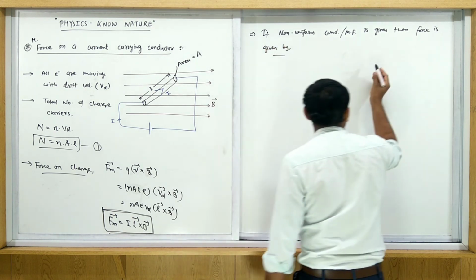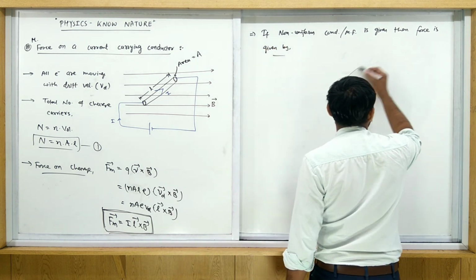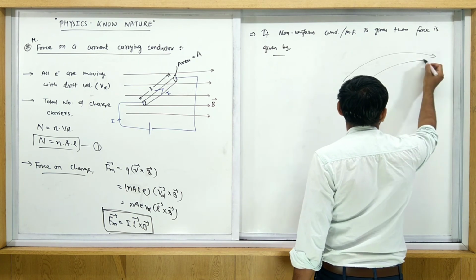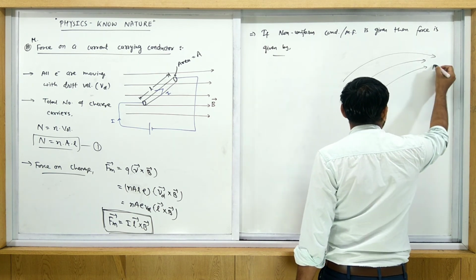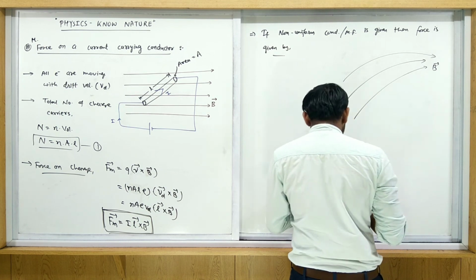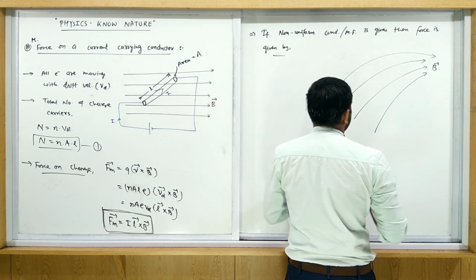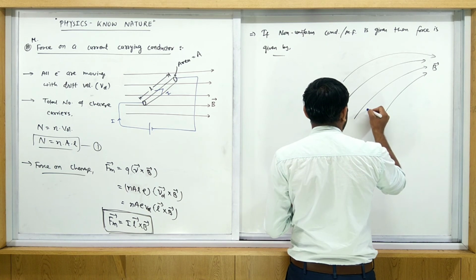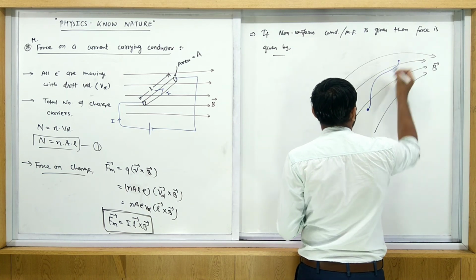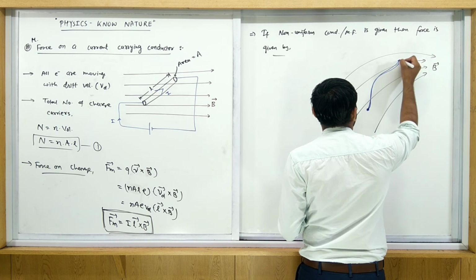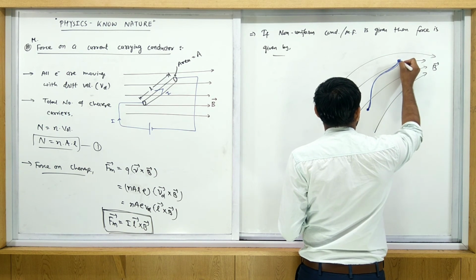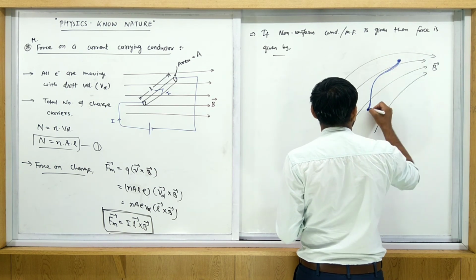Consider this type of non-uniform magnetic field, we don't know. This is a non-uniform magnetic field, and in it you place a conductor like this.